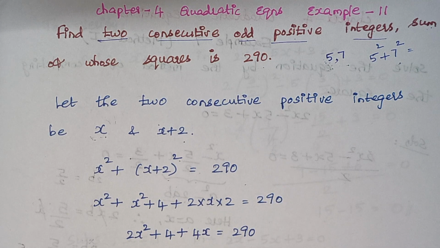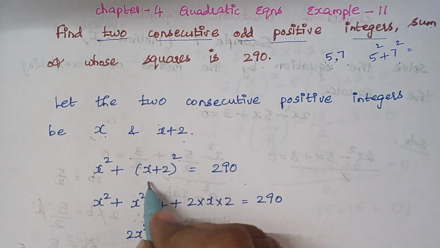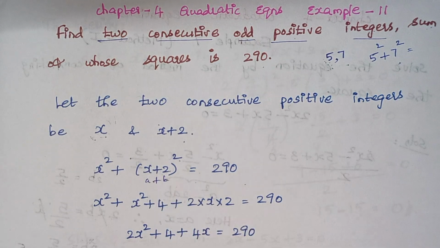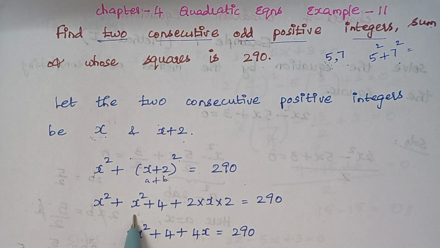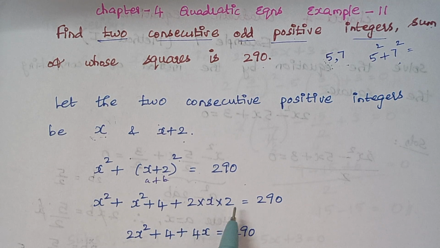Now we have to solve and find the values. x plus 2 the whole square can be expanded like a plus b the whole square, which is a square plus b square plus 2ab. So 2 into x into 2, equal to 290.